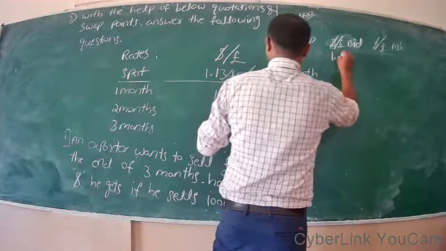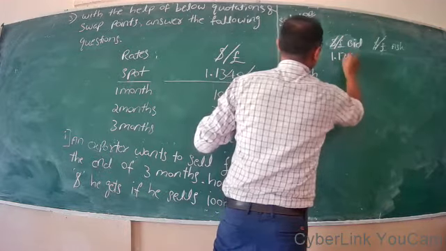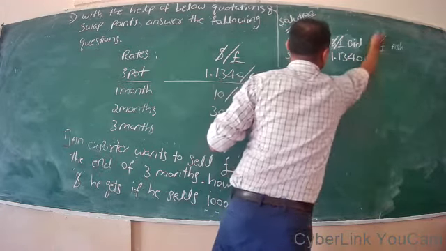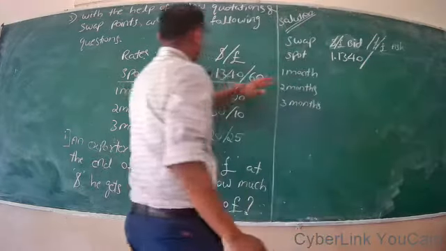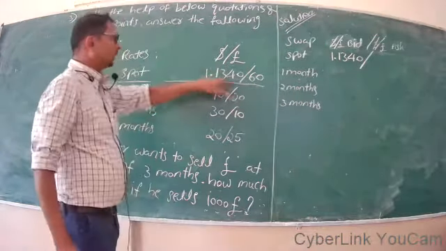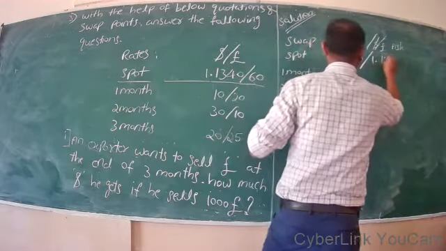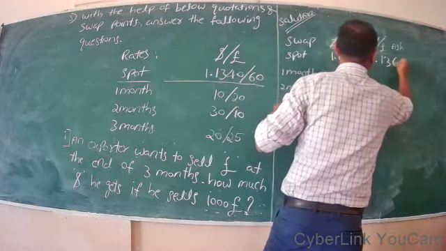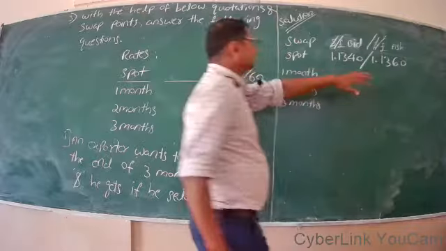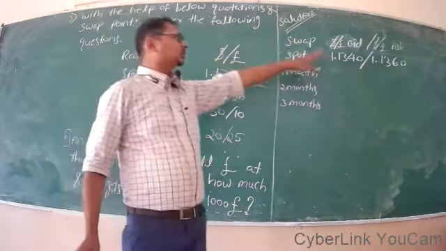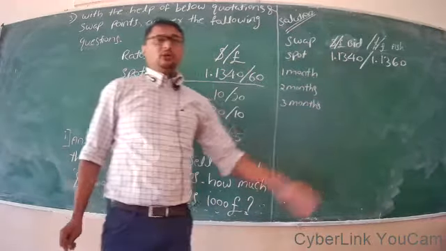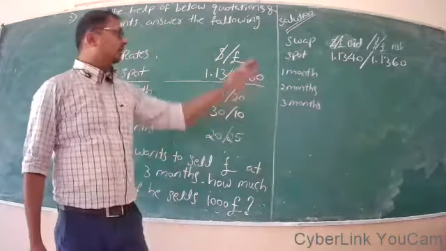So bid will be 1.1340 oblique, ask is 1.1360, which is higher than bid price. 1.1360 is greater than 1.1340. That's why 1.1360 is ask price in the given quotation and 1.1340 is the bid price.